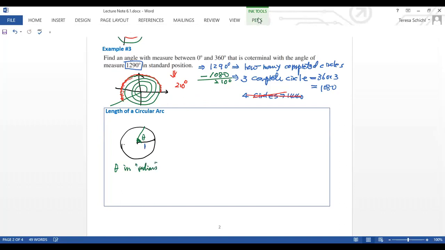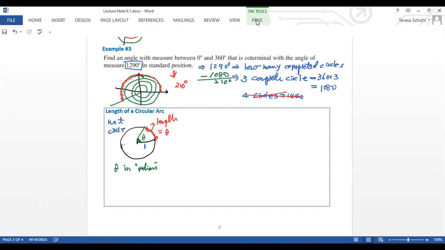From the radian definition, what is the length of this arc equal to? It is equal to theta.